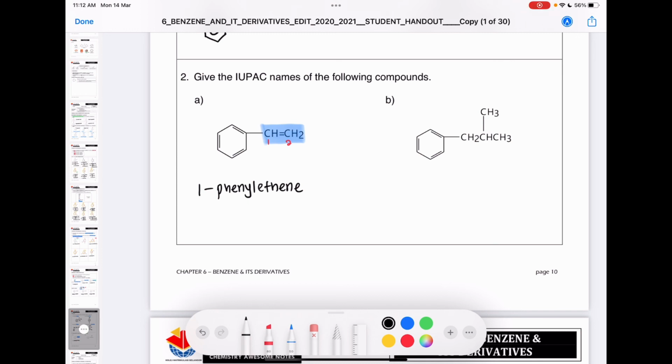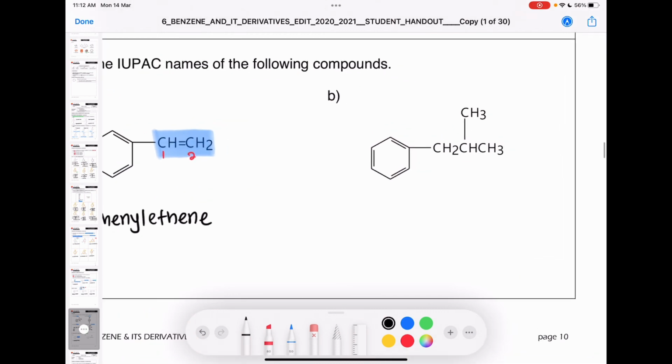And then the next one will be this. Be careful with this one. Here we have 1, 2, 3, 4, which is not more than 6. So this alkyl group cannot become the parent chain. Our parent chain is this one, so we put this as carbon number 1.